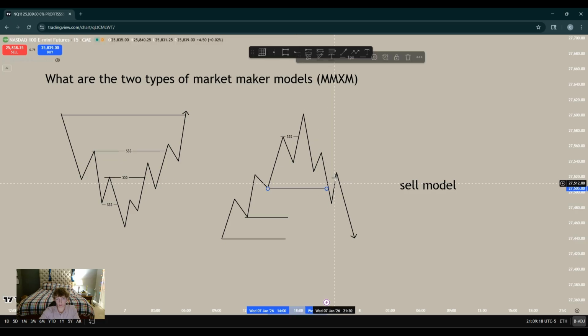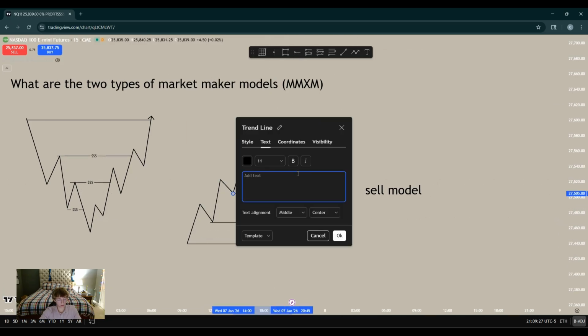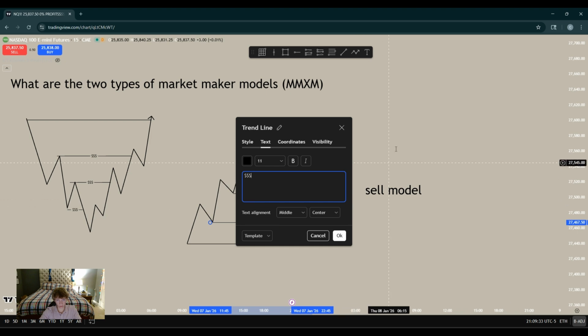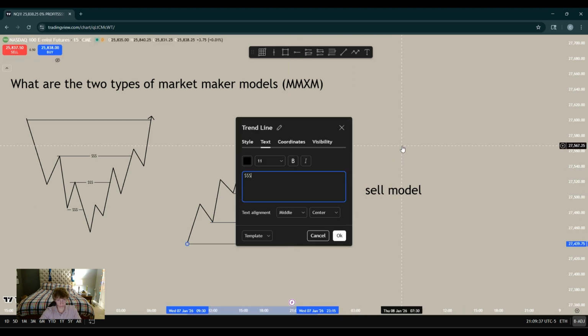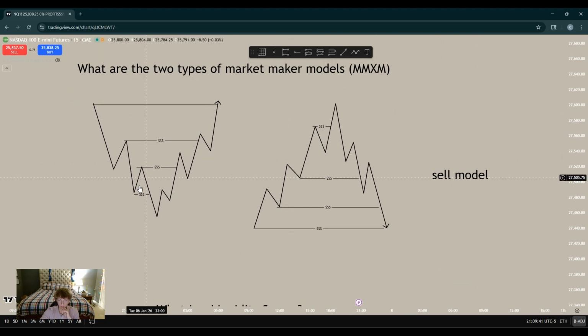We can target the opposing liquidity pools, these lows, these lows, these lows. So we go from an uptrend into a downtrend. What is that called? That is called a market maker sell model. So these are the models that you can identify in the market.